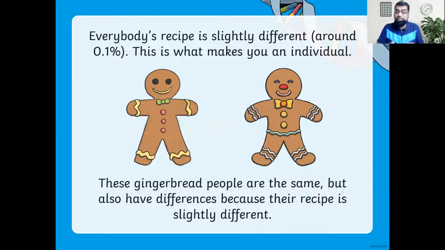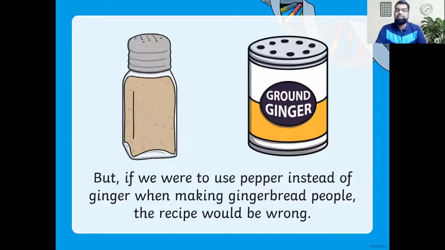What makes us different, and the entire variety of 7 billion people around us and the animals, is the 0.1%. The gingerbread men are the same, but the taste is the recipe that you have. The icing, the fondant, the kind of gems you use just makes us different.